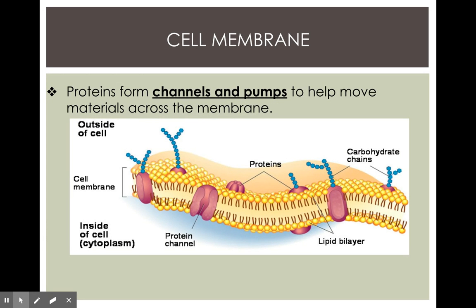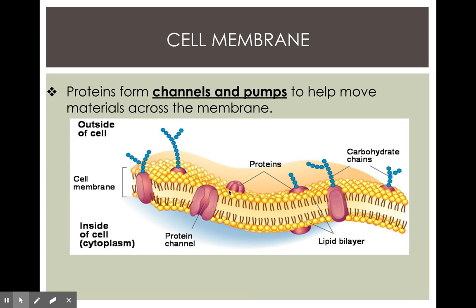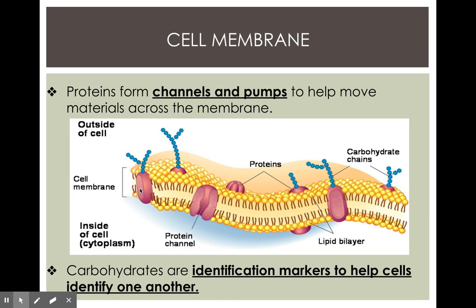So you can see here, which is another image of what we just looked at in the beginning, you have protein channels that allow things to go in and out, okay? And they are just embedded in random places on the cell membrane to allow for those molecules to come through. You can also see some carbohydrates here, and they're in blue.